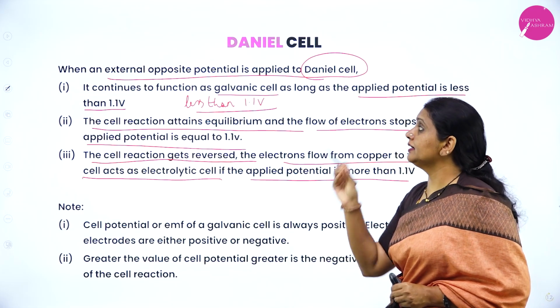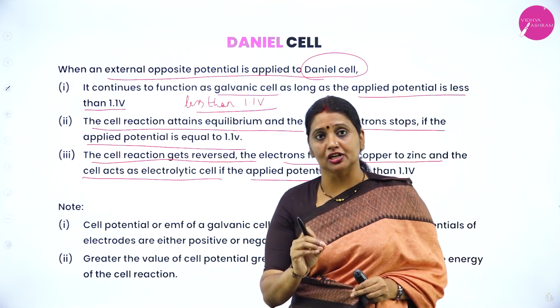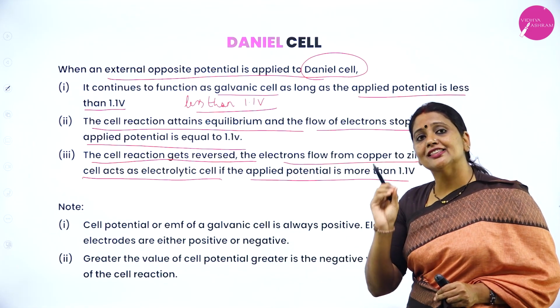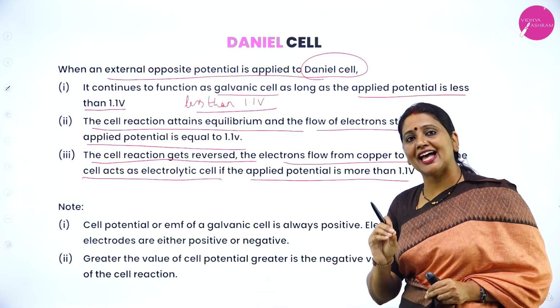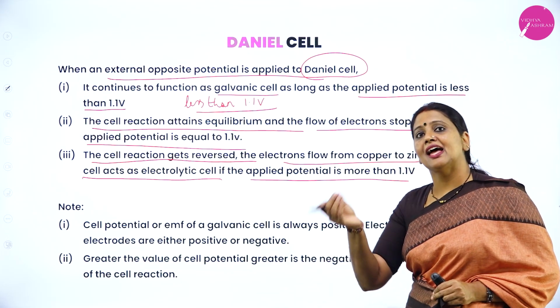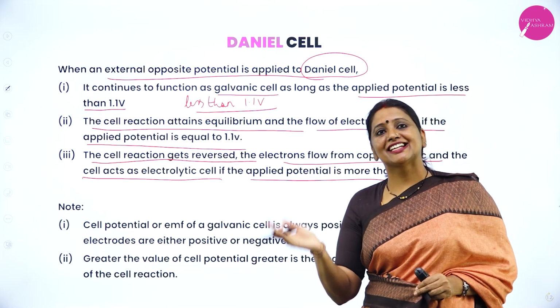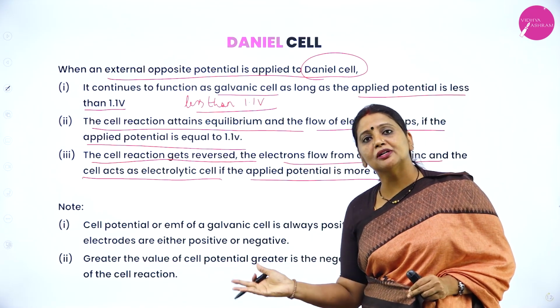If the applied opposite potential is greater than 1.1 volt, the cell starts to work as an electrolytic cell and the flow of electrons is not from zinc to copper, it gets reversed, it will become copper to zinc.